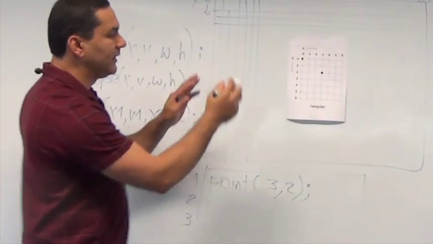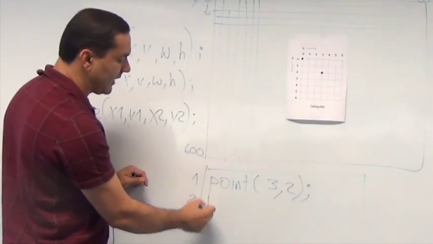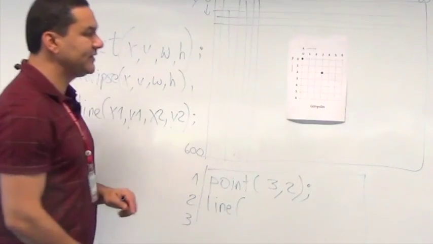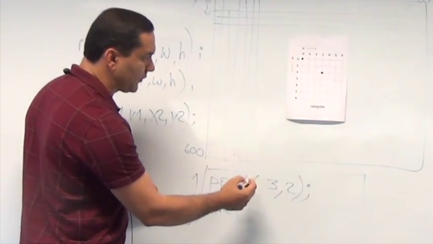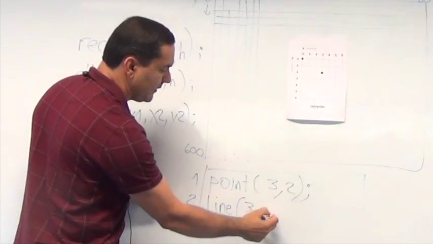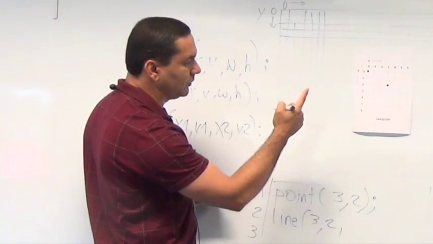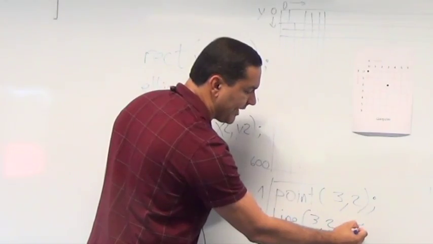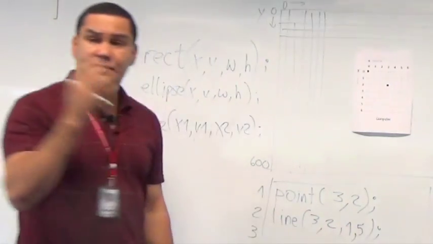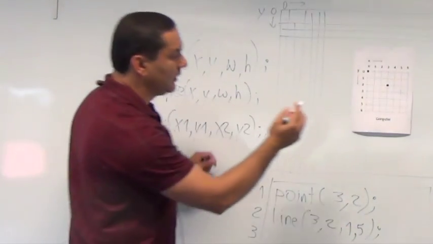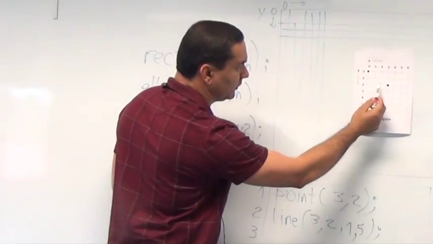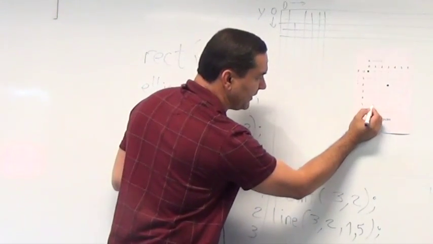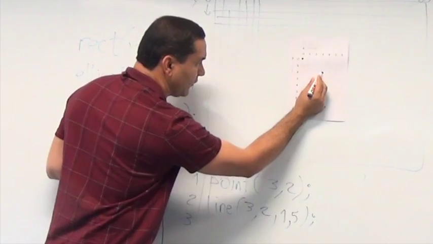So for example, if I write line, parentheses, 3, 2, comma, 1, 5, it would draw a line from this point 3,2 to 1,5, which would be right here.